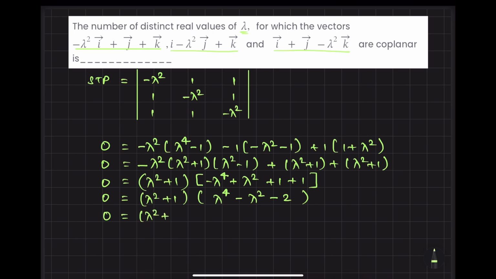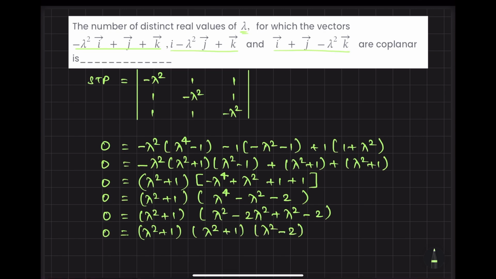So can I write down this thing as lambda power 4 minus 2 lambda square plus lambda square minus 2, splitting the middle term, and then we are having lambda square plus 1. Now factorize: lambda square plus 1, lambda square minus 2.